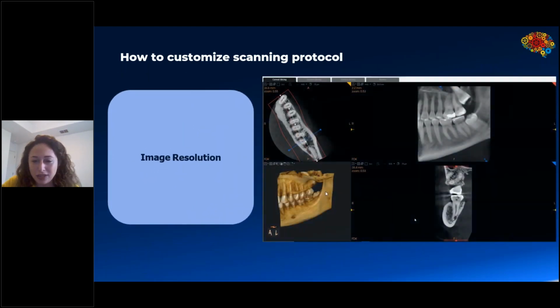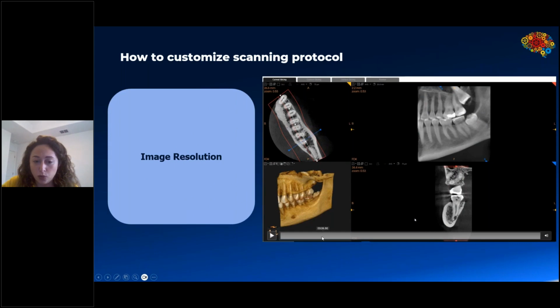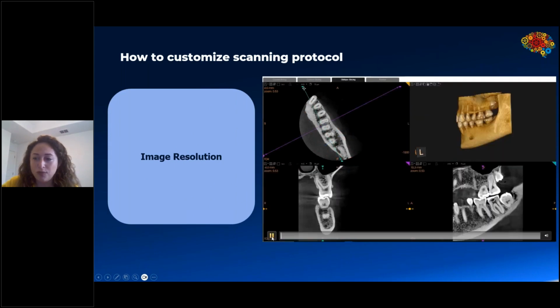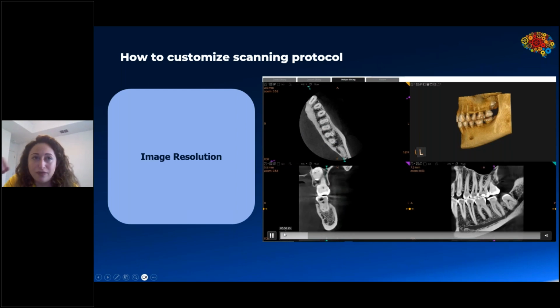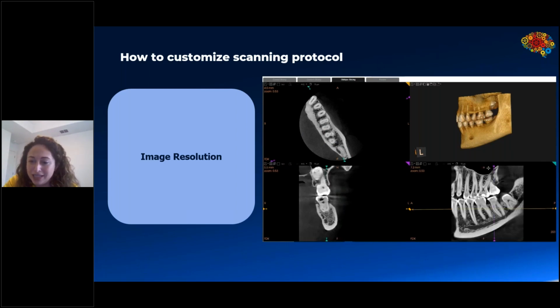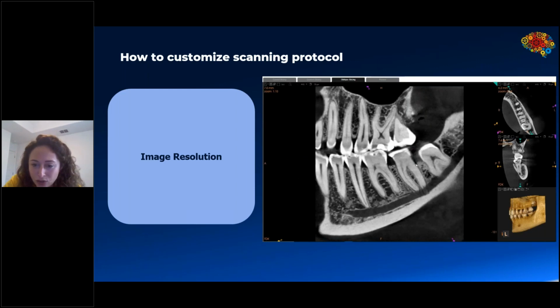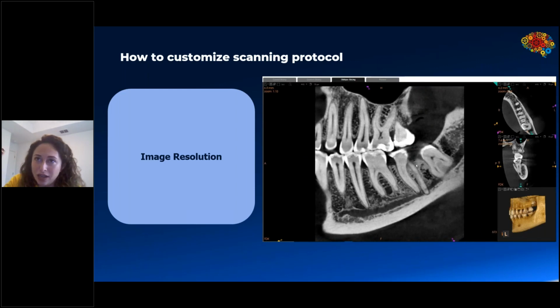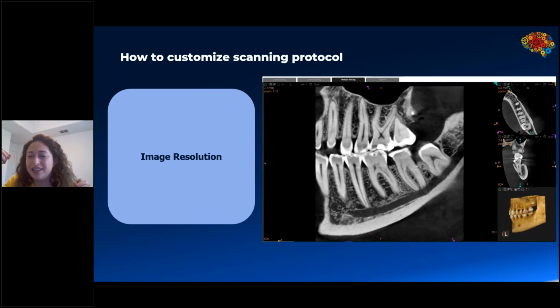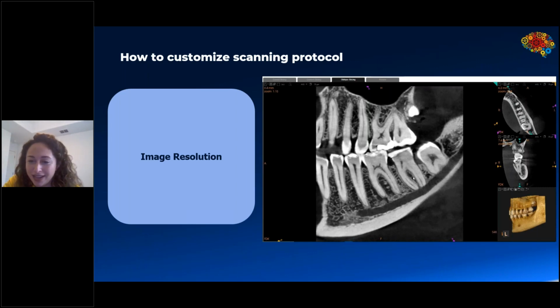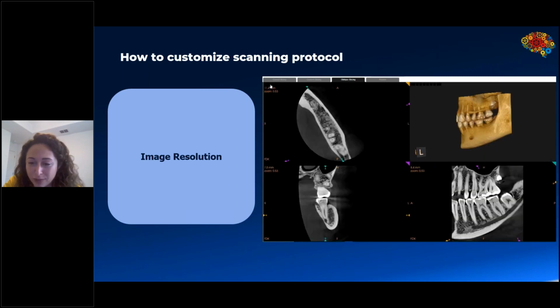So another feature that is important for us to determine would be image resolution. The quality of this, the difference in gray density that you're looking at, the sharpness of the scan really depends on not just the voxel size you're using, but the power, like the kVp that you're applying with that machine.